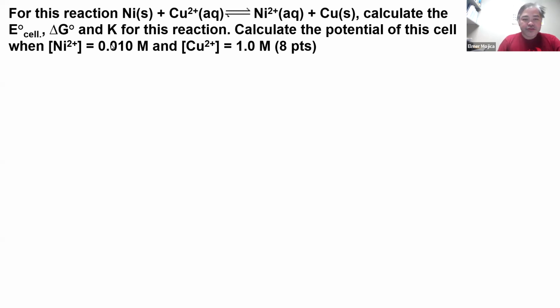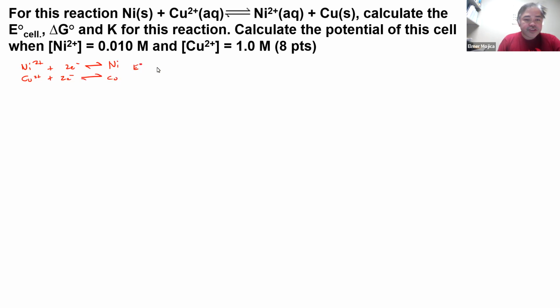So if you're going to look at this reaction, the first thing for you to determine is which one is happening in the cathode and which one is happening in the anode. You should look at the reduction potential of each of the species involved here.